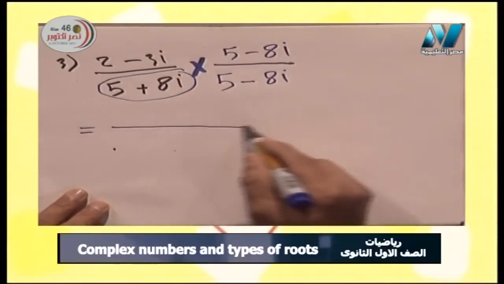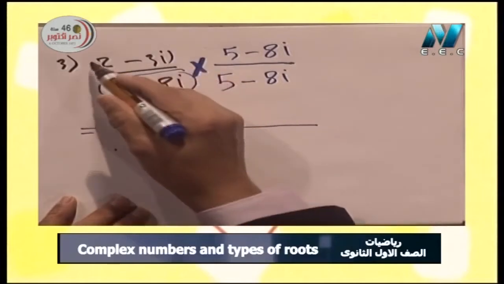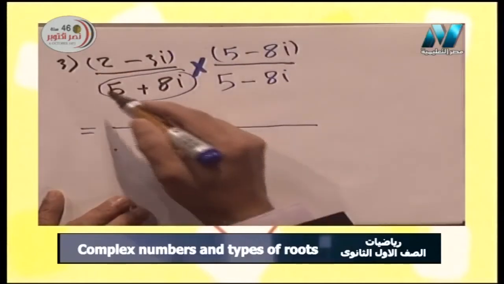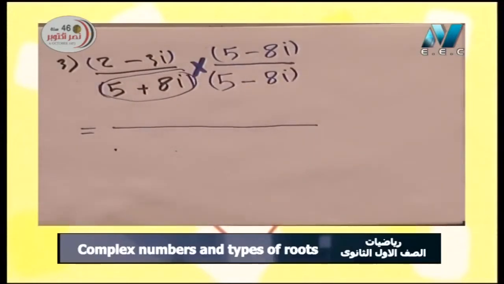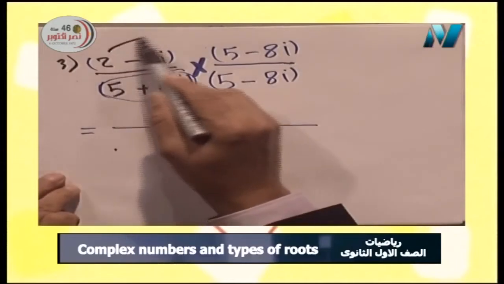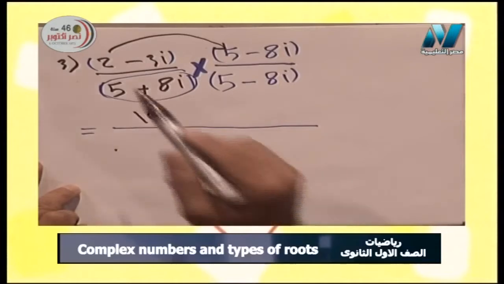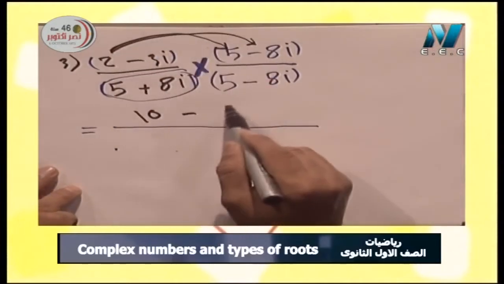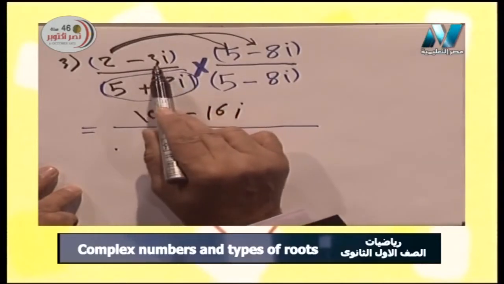Yes, we have here a long fraction. We have two brackets multiplying each other here, and we have the two brackets in the denominator multiplying each other here. And look at the answer. 2 multiplied by 5 equals 10, and 2 multiplied by negative 8i equals negative 16i. Then we start with negative 3i.